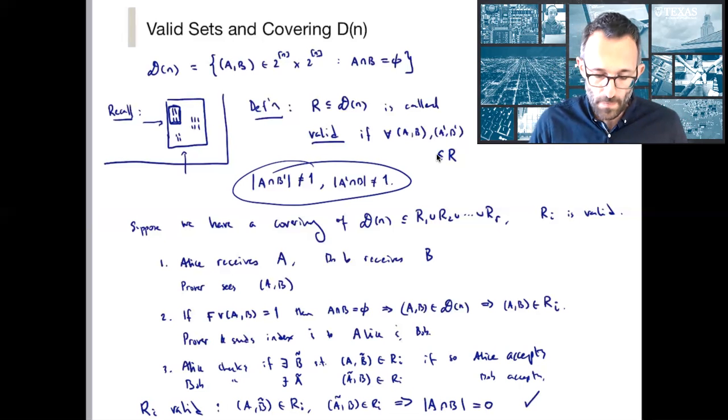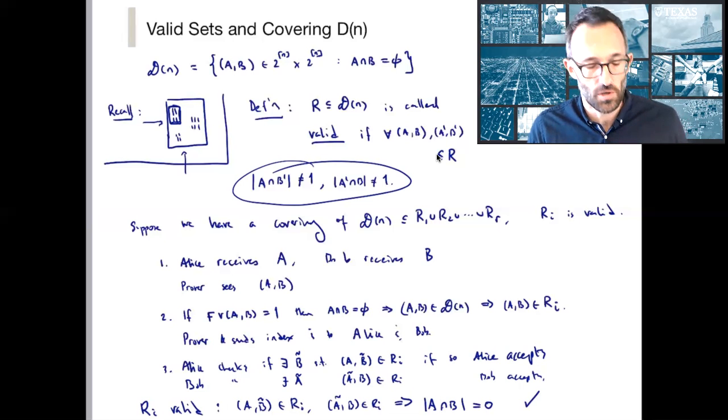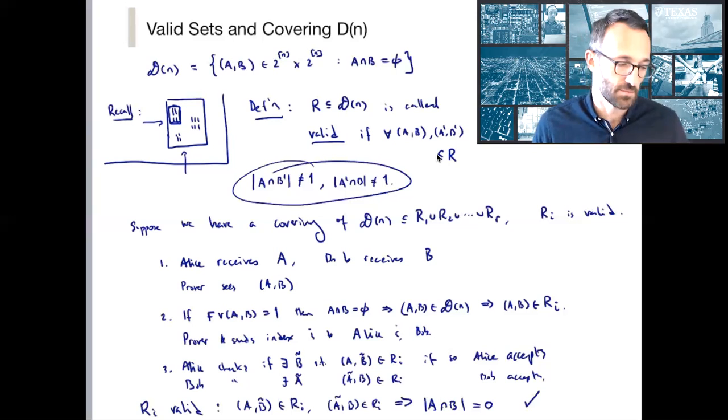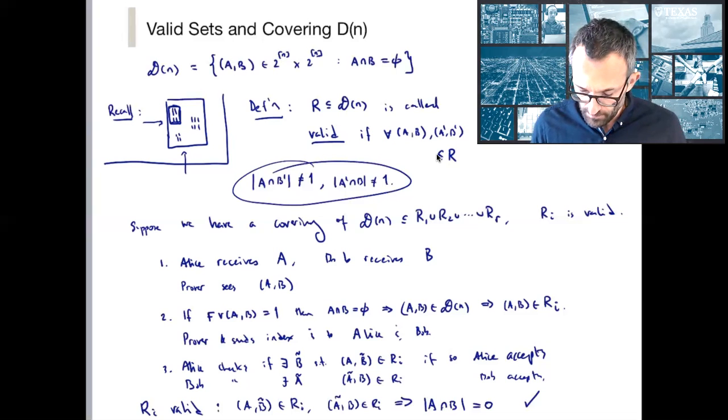Okay, so this provides an intuition of where this definition of validity comes from, and how it connects to communication complexity. But of course, this argument gives a bound in the other direction. Right?